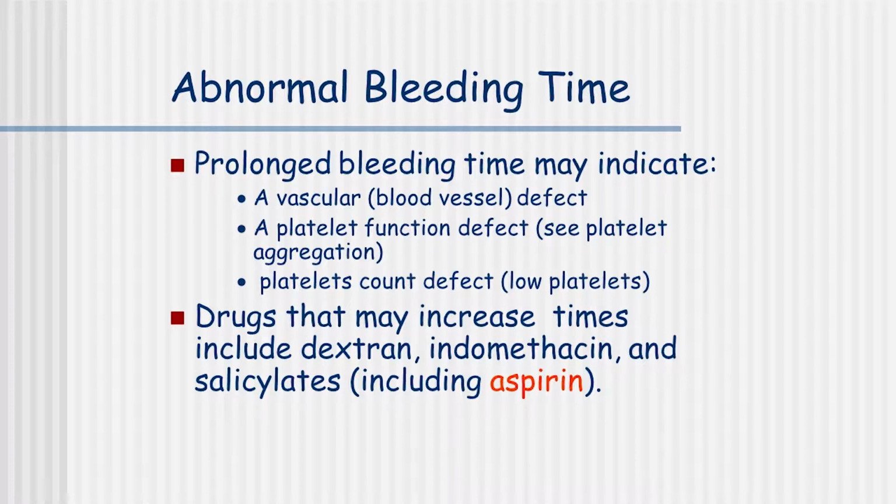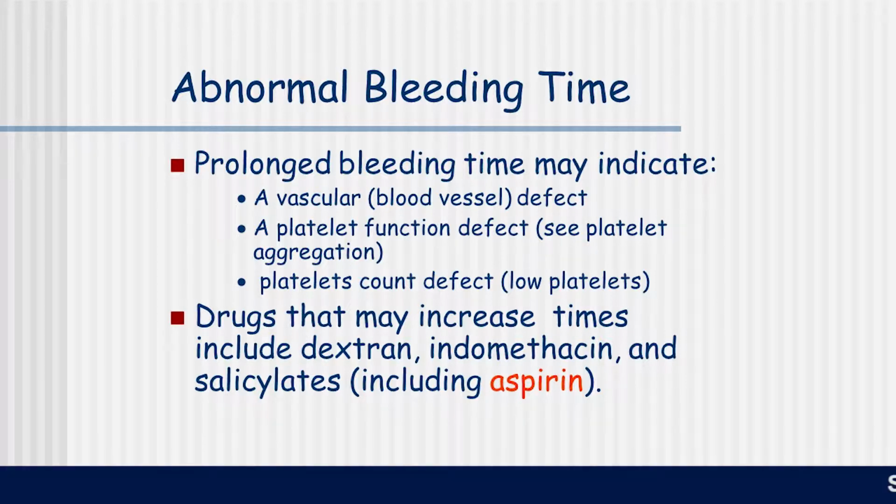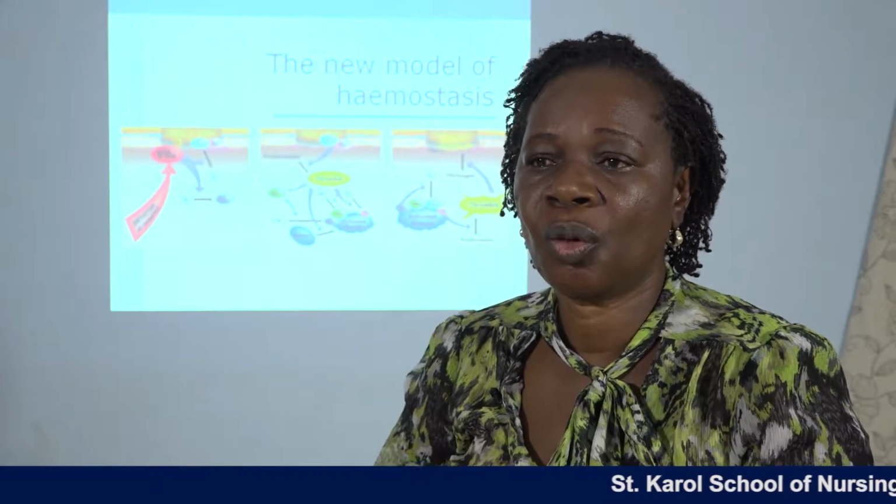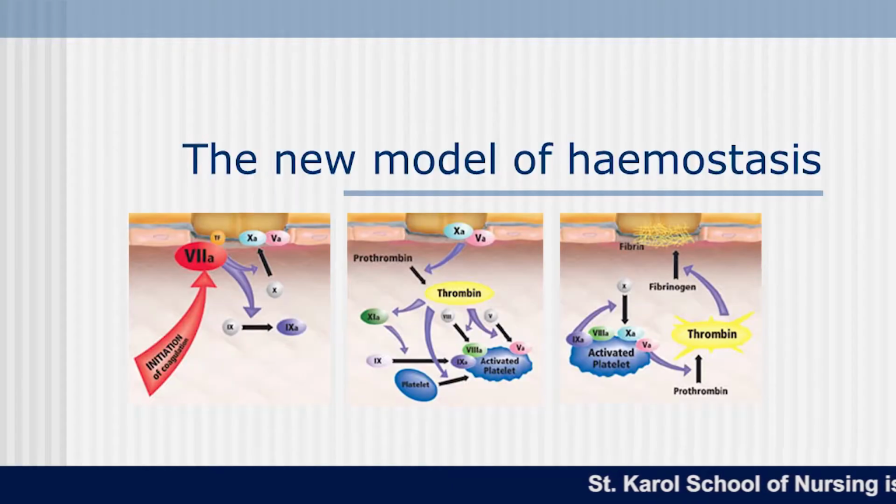Drugs that may increase this include dextran, indomethacin, and salicylates like aspirin. They thin the blood. Aspirin thins the blood, so it's not going to cause the blood to clot quicker.